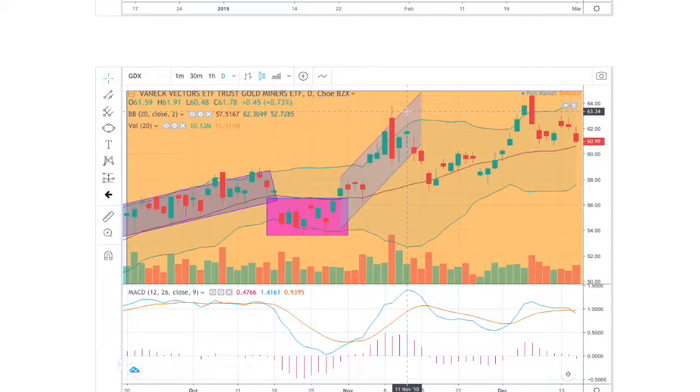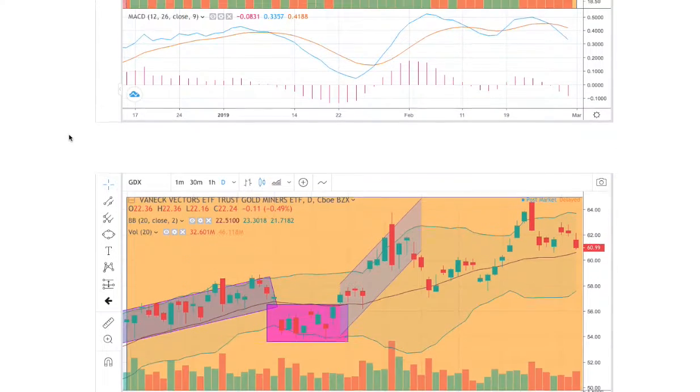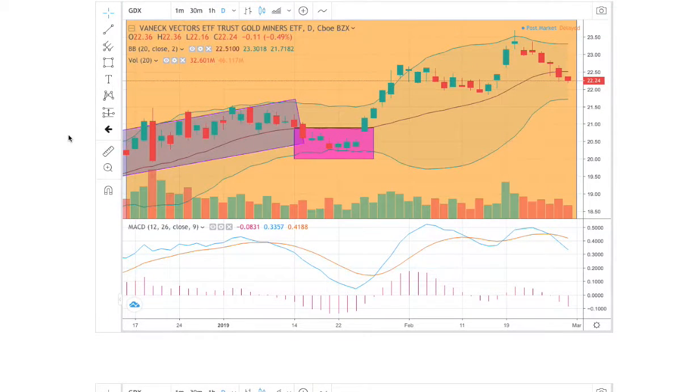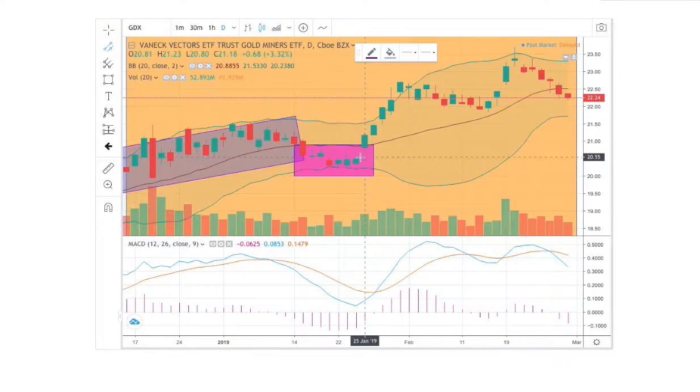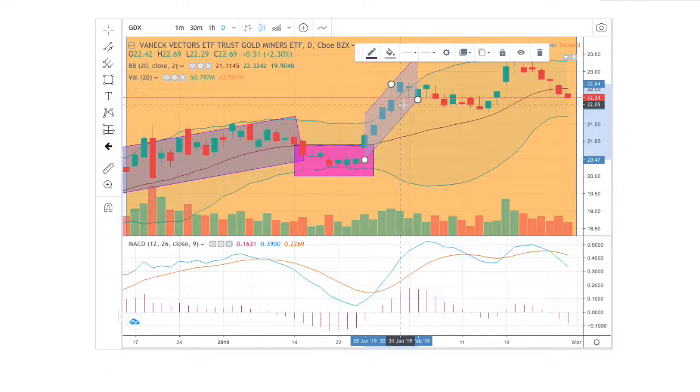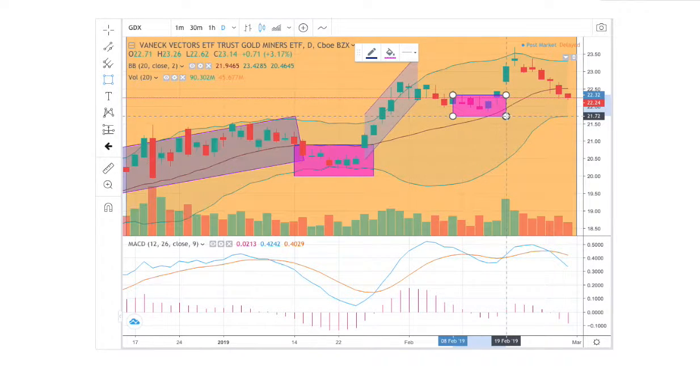Yeah, let's simplify it. Just leave the upward trend. You'll see here, there's an upward trend after hitting the bottom here, touching the upper Bollinger Band. After touching the upper Bollinger Band, it retreats down and finds support back roughly around the middle band.